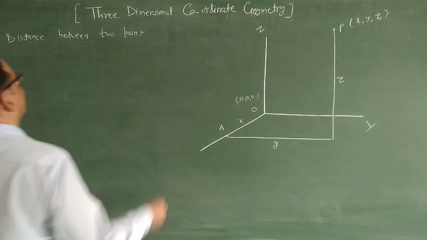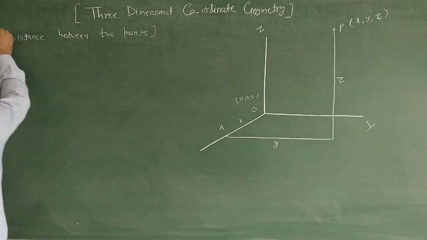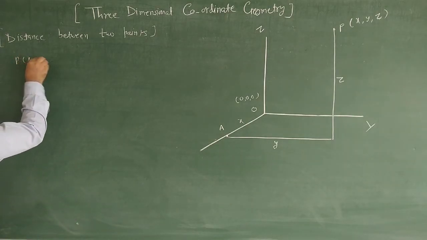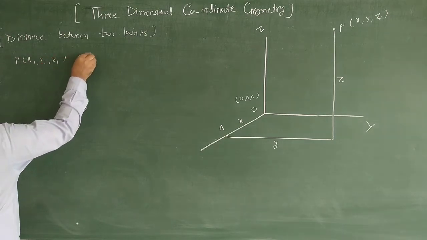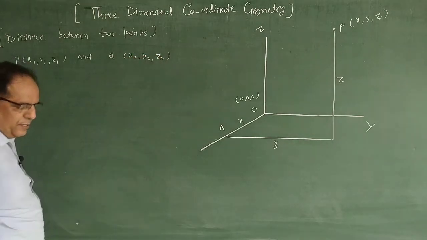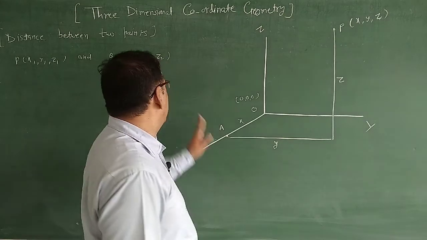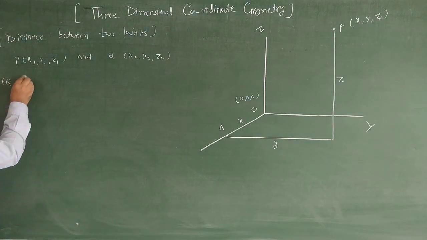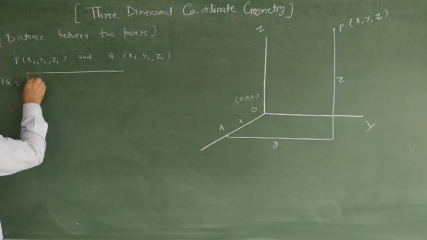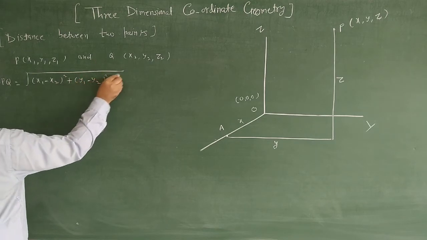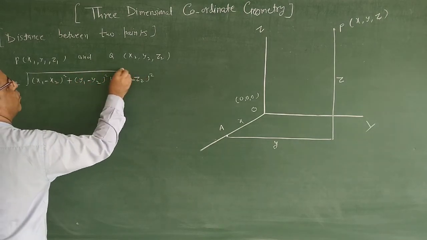Now we discuss the distance between 2 points in 3-dimensional coordinate geometry. Let P, whose coordinates are x1, y1, z1, and Q, x2, y2, z2, be 2 points in space, and we want to find the distance between P and Q. The formula is that PQ equals the square root of (x1 minus x2) whole square plus (y1 minus y2) whole square plus (z1 minus z2) whole square.